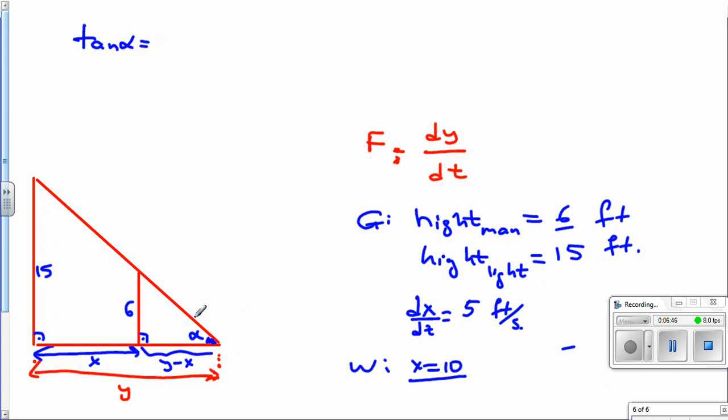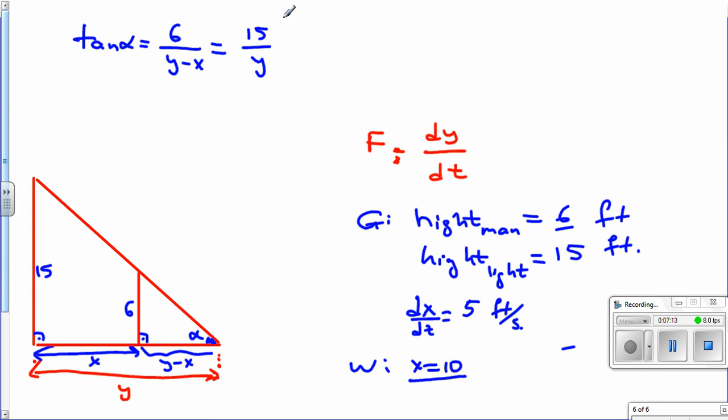You are going to see the relationship is 6 over y minus x, which is equal to 15 over y, the same tangent alpha for the big triangle.